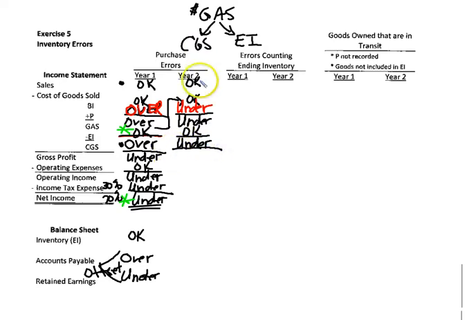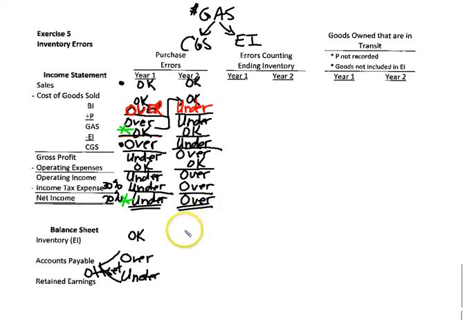Gross profit is sales less cost of goods sold. If we have too small of an expense, we will overstate that. So operating income will be too big. Our income tax expense is based on that, so it's going to be overstated. Net income then is the other 70% of that, so it will be overstated.